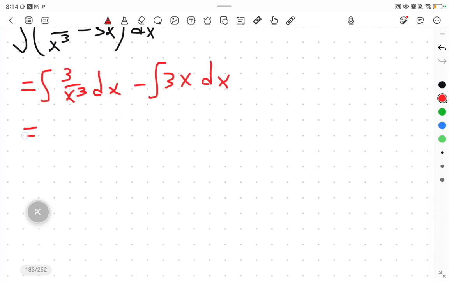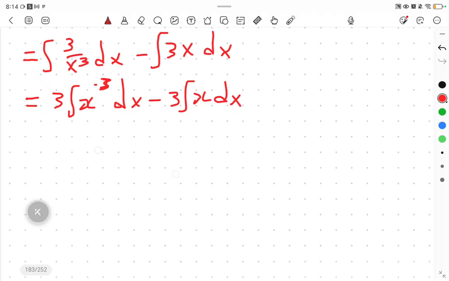And then I can take out this constant. Now this is minus 3. Then now I can integrate.